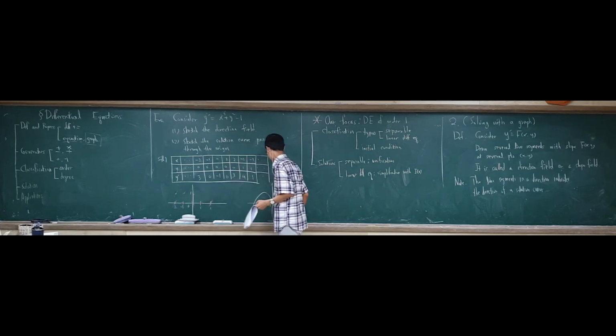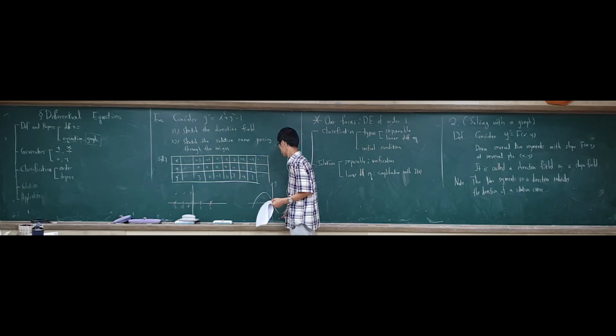Here we have a slope 0, 0, and here is minus 1, here is about 1. For example, if x is minus 1 and y is about half, then the slope is some positive number.